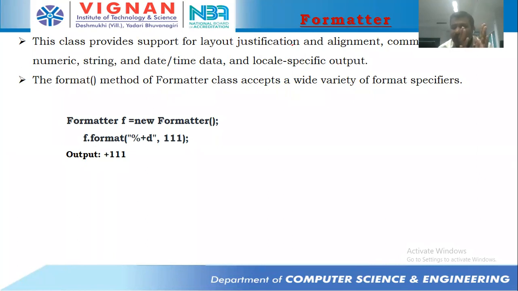So we can do some justifications if you need some spaces or a specific number of digits after the decimal point. Then we can make use of this formatter. With the help of this formatter, we are going to format and print the thing as per our requirement. I will be coming up with one simple example.